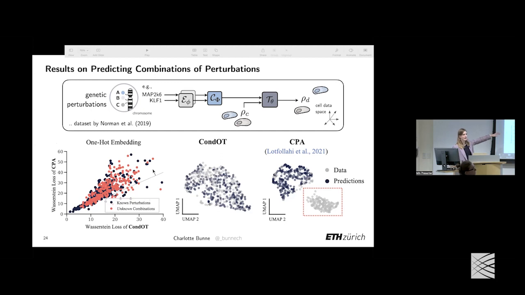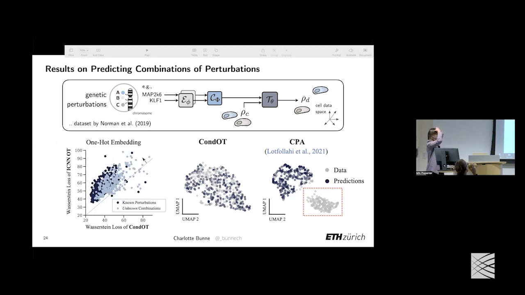Here, the comparison done is with the same type of one-hot encoding. So this is a comparison just using one-hot embedding, which is also what CPA is doing. CPA is additionally embedding certain covariates such as dosage, but otherwise the setup is very, very similar.